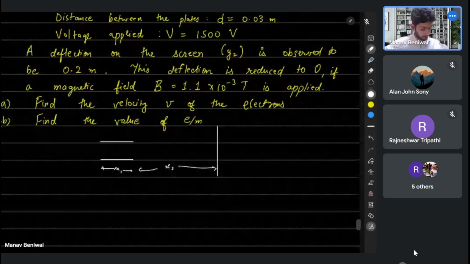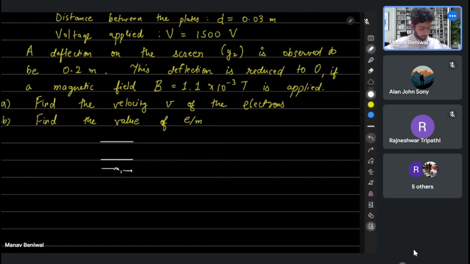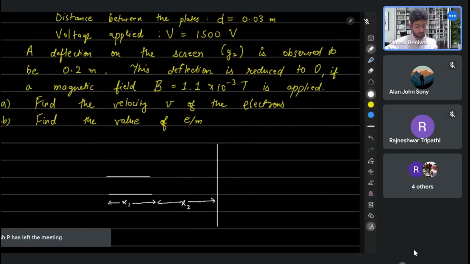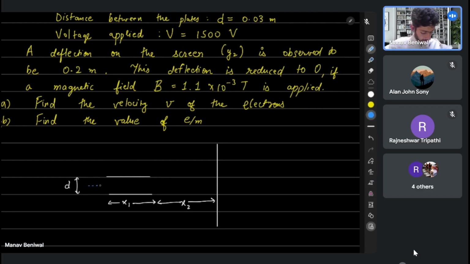Let me draw it again. This is x2 and this is x1. This distance is d, and then you have your electrons coming like this.